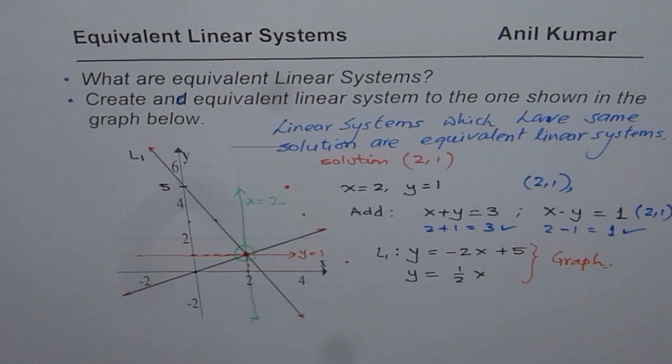With this video, I think you understand how to create equivalent linear systems, and you also understand that the importance of these linear systems is that they have a point in common, and that is their solution, the point of intersection, right? I hope that helps. Thank you, and all the best.